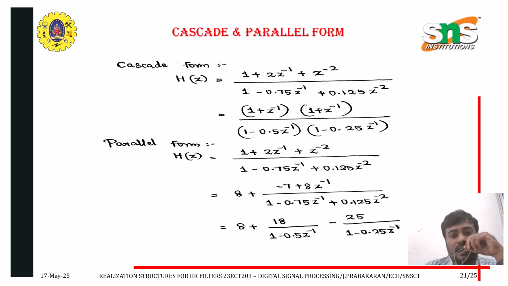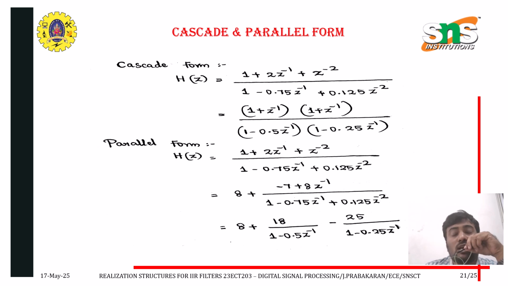In the cascade form, we consider H of z equal to Y of z divided by X of z. We know Y of z is nothing but the output of the system, and X of z is nothing but the input of the system. Then H of z is going to be decomposed into two parts, which are H1 of z and H2 of z.